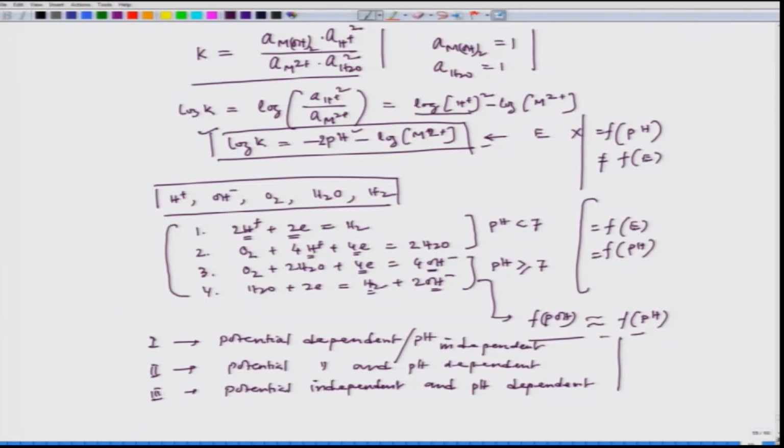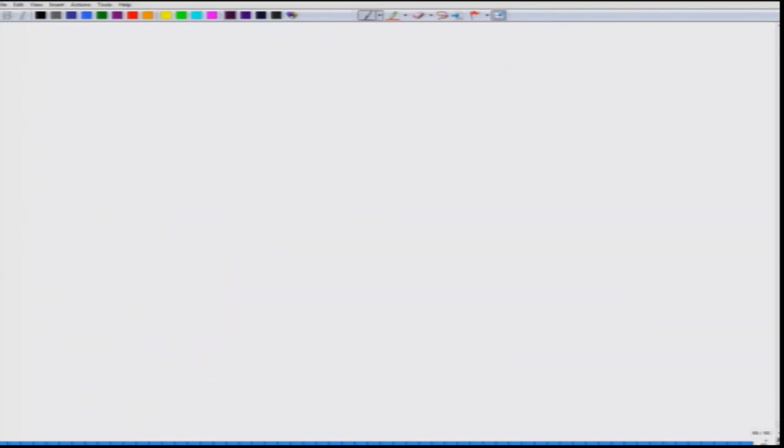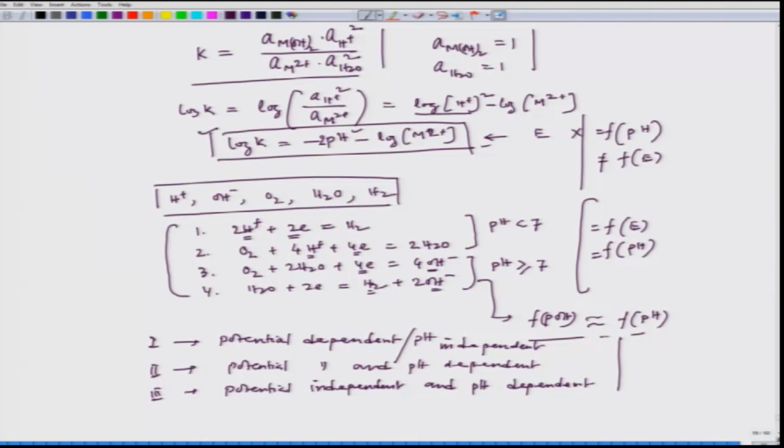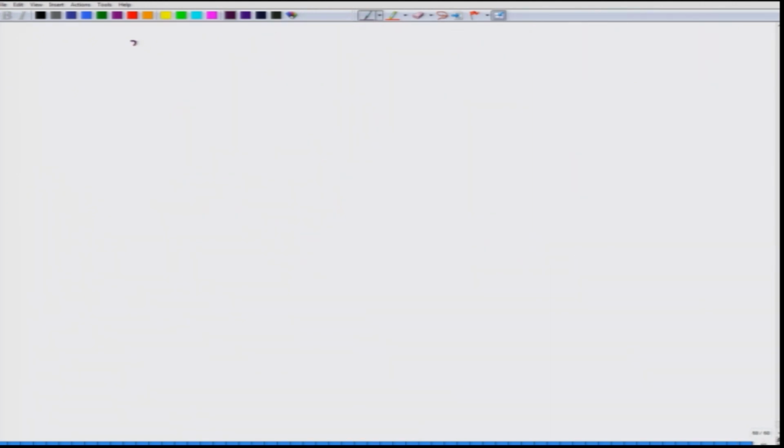Now, in addition to that, we can have the third criteria condition. So, this Pourbaix diagram is basically a thermodynamic stability diagram.